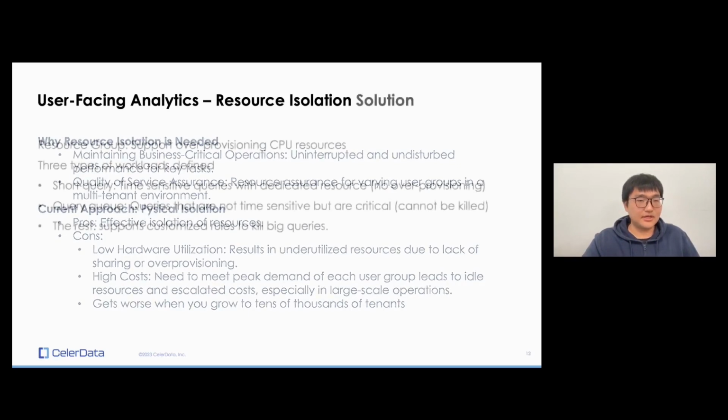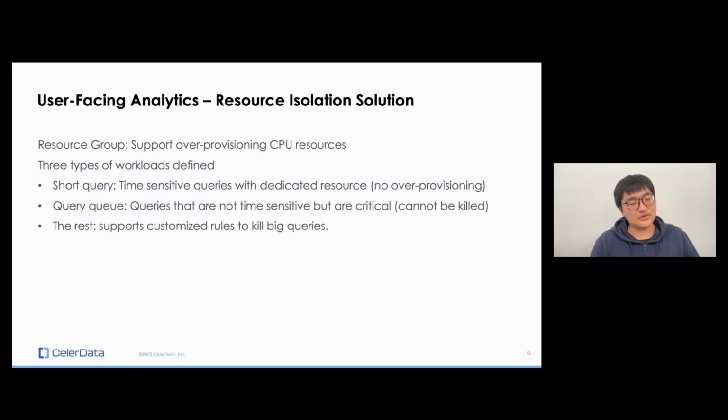A lot of cost. And what StarRocks has to offer is a novel intra-process resource group. This is not on the physical level, this is on different processes. This enables our StarRocks resource group to support over-provisioning CPU resources.